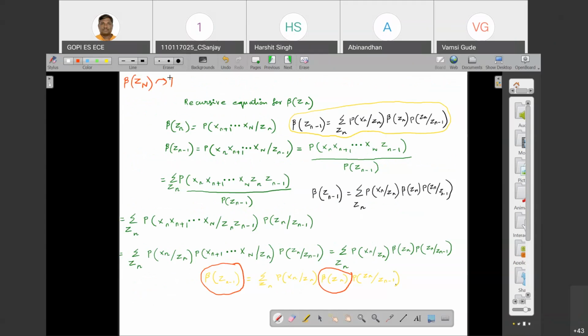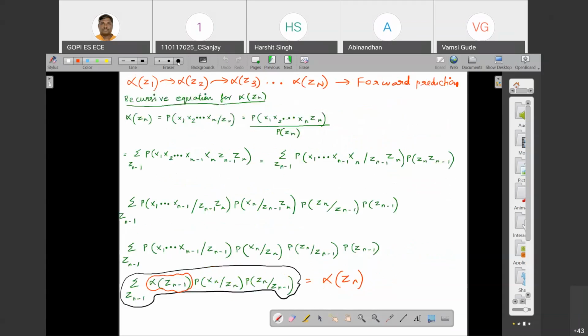Which gives you the value of beta of, right? It goes like this, and then beta of Z1. So this is called the backward prediction. Hence the name: forward backward prediction algorithm.